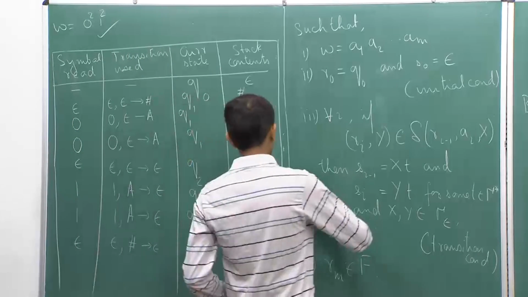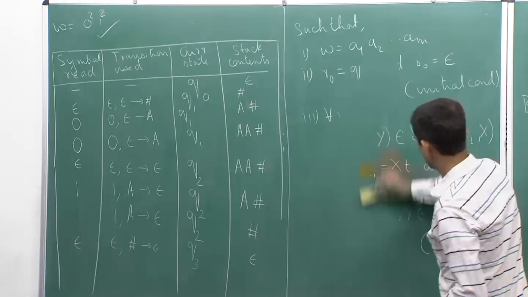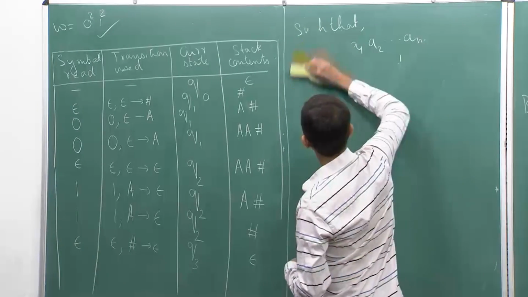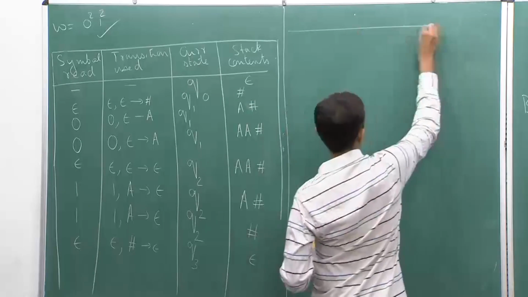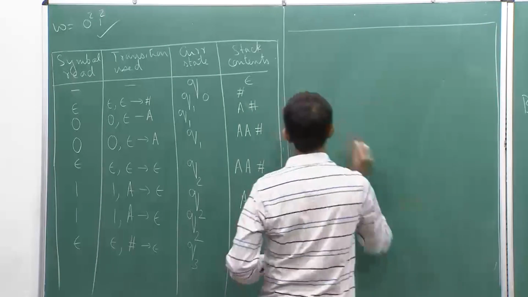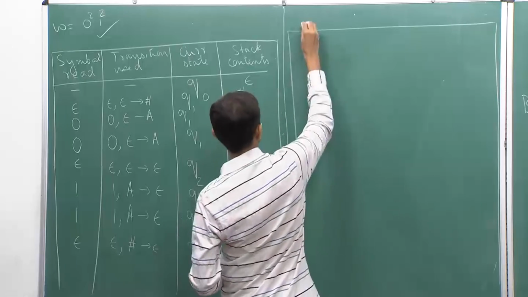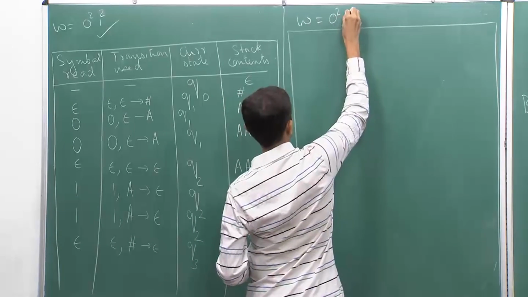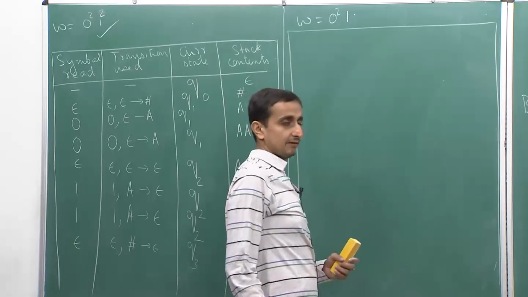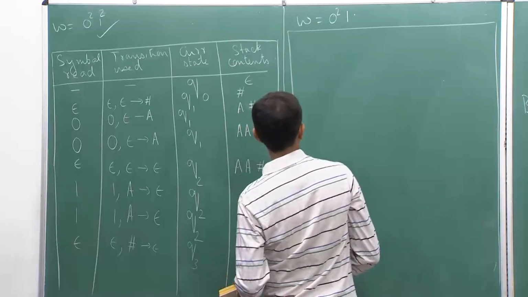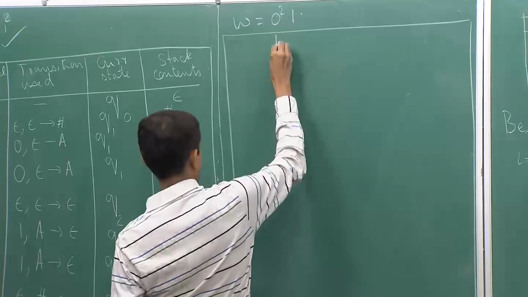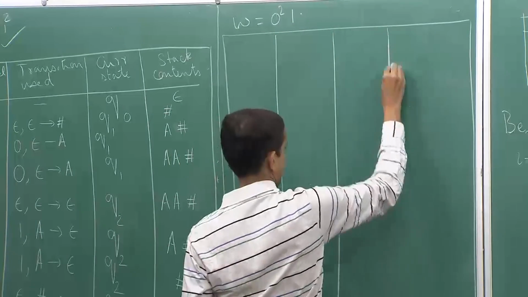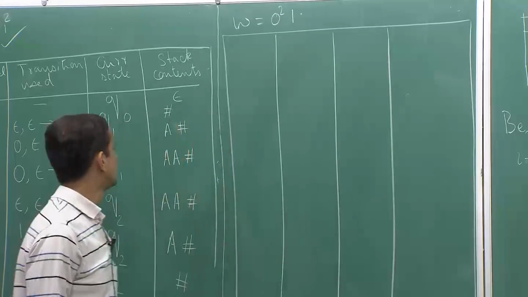Now let us look at a similar table for a string which is not accepted. A string W which is 0 square 1. Suppose I try to accept 0 square 1. What happens?